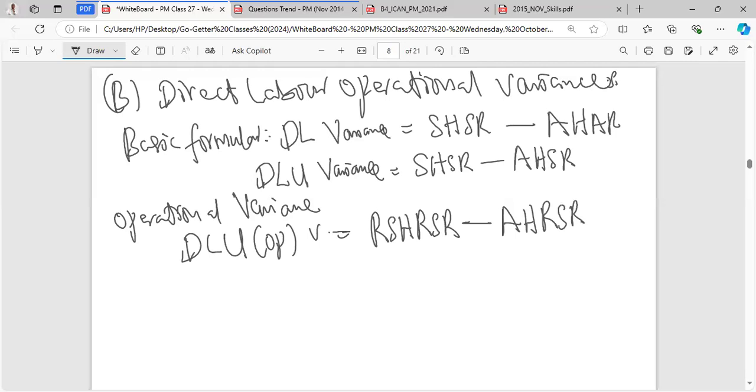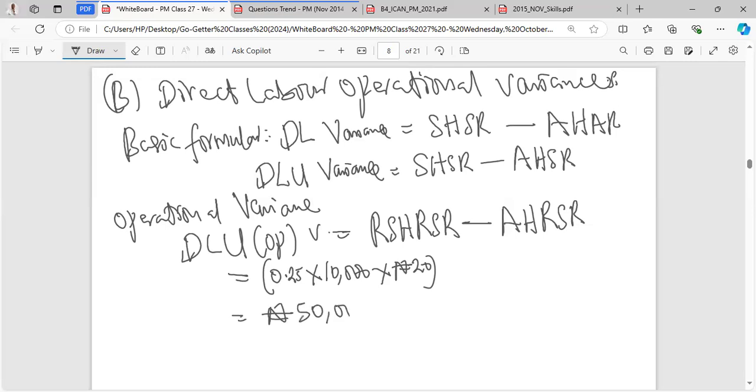So what is our revised standard hours? Revised standard hours happen to be 0.25. Then we have 10,000 units, and the rate is 20 naira. We've established that this already is 50,000.